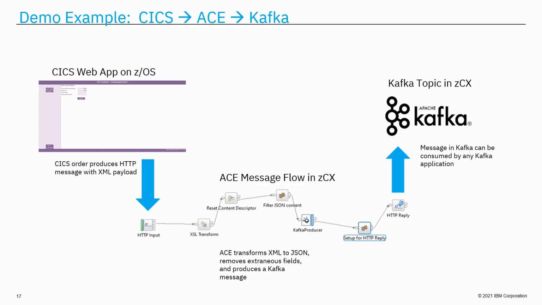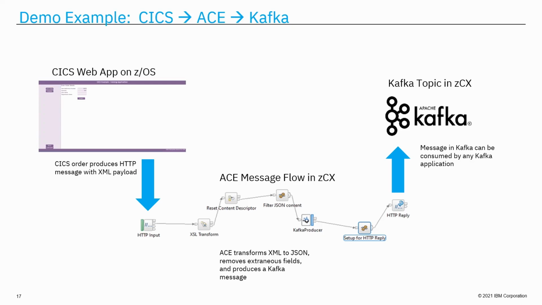So before, where I maybe had two external network flows to get the application data from CICS to Kafka, I now have zero external network flows in this example, both of these applications being hosted on zCX. So how would I actually accomplish something like this?